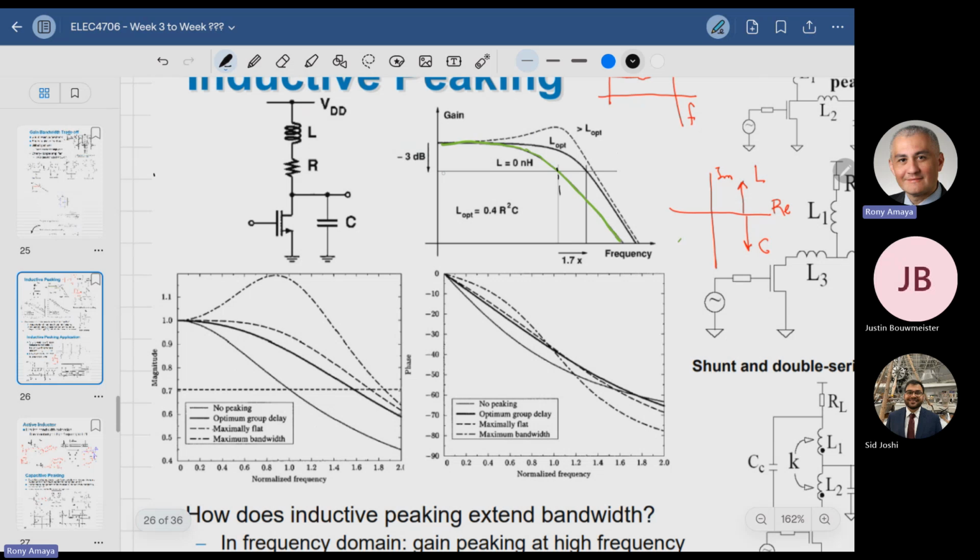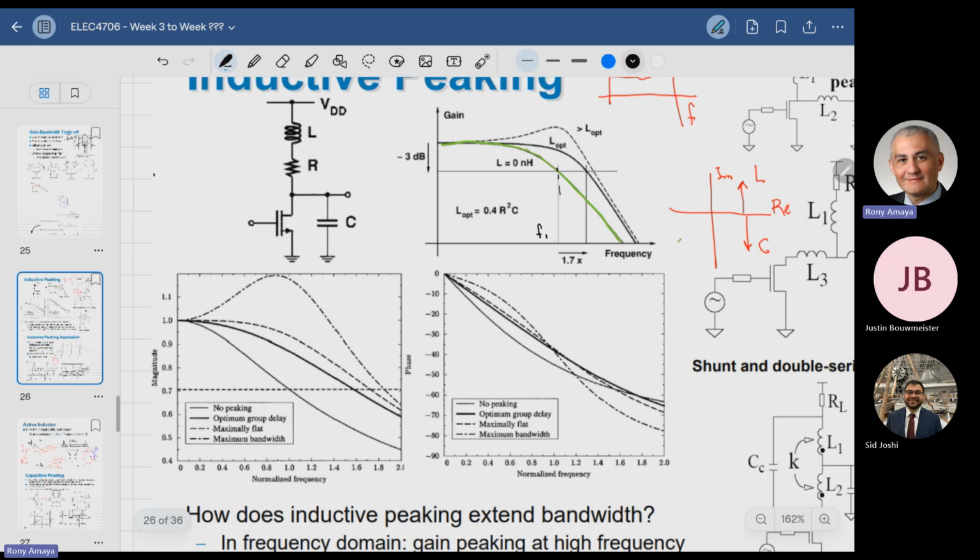So for the green curve, you can define the 3 dB voltage gain point by the actual point at which the pole kicks in. I've drawn that curve in green, and you have the point at which the 3 dB point occurs. We're going to call this F1.